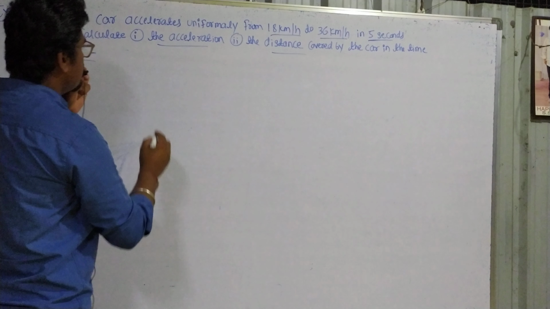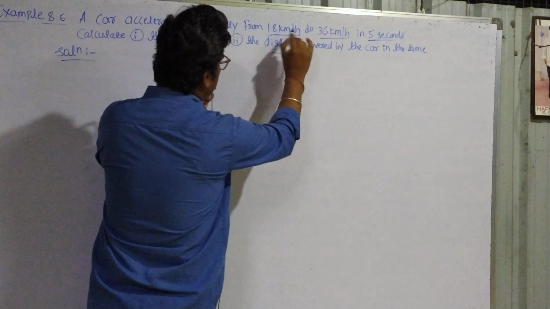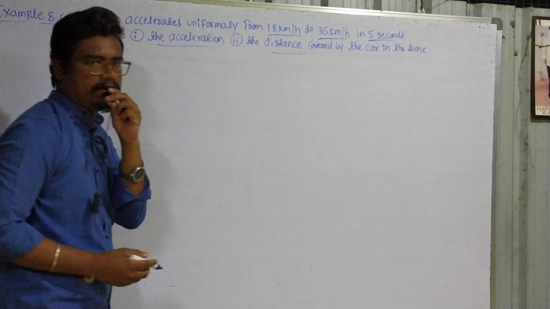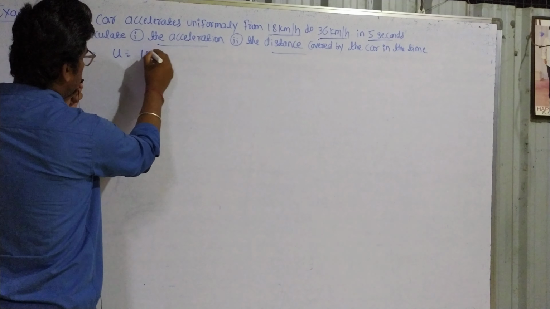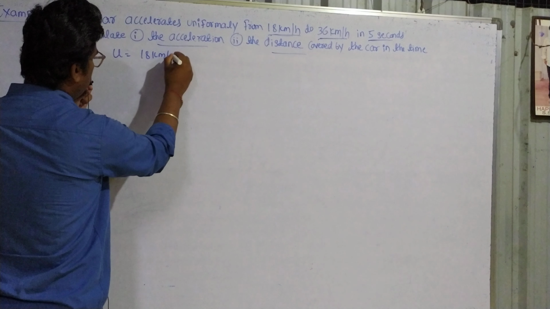So here, 18 km per hour to 36 km per hour. Our initial velocity is 18 km per hour.